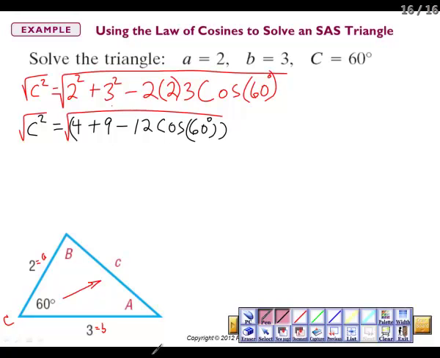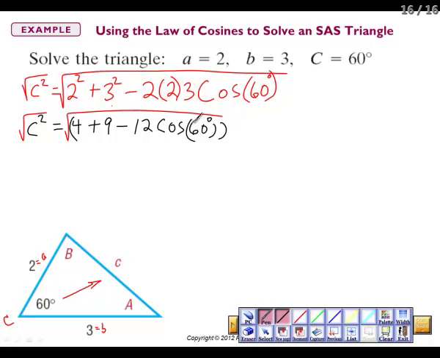So we're going to put in here second square root, and we're going to put in here 13 minus 12 cosine. Now this is 12 times cosine, so order of operations is you have to multiply those two first.